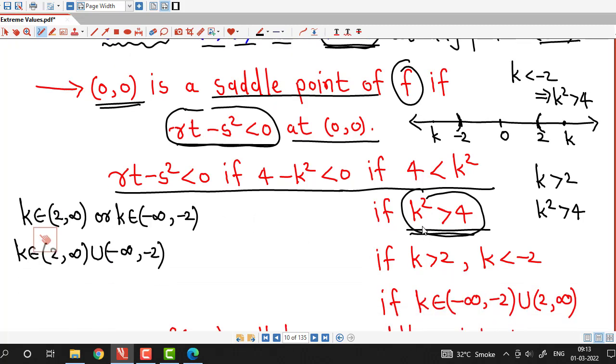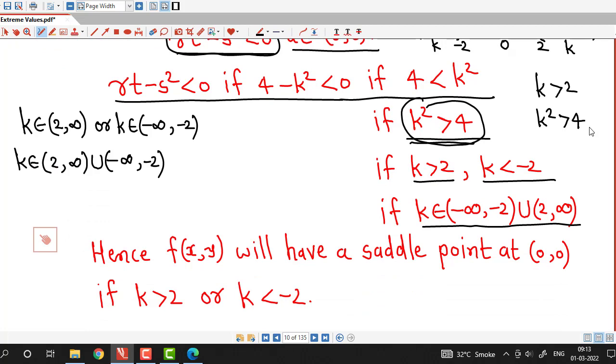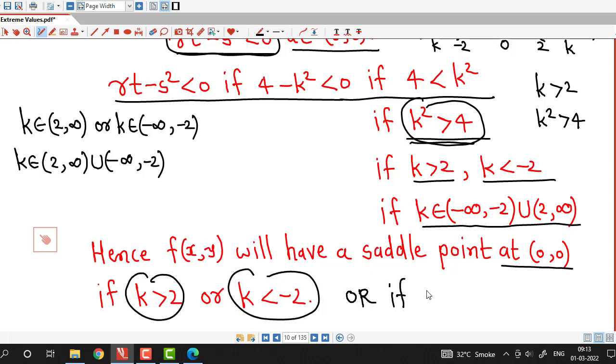rt minus s square is negative if k square is greater than 4. That means if k is greater than 2 or k is less than minus 2, that means k belongs to union of these two intervals, minus infinity to minus 2 or 2 to infinity. Hence f(x,y) will have a saddle point at 0 0 if k is greater than 2 or k is less than minus 2, or we can simply write that if k belongs to minus infinity to minus 2 union 2 to infinity.